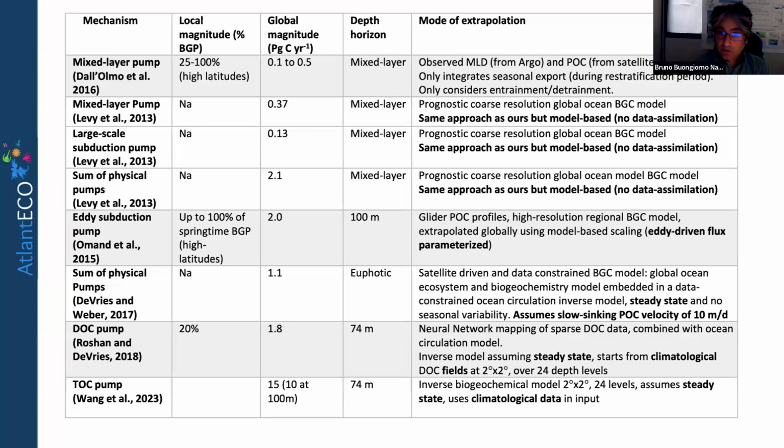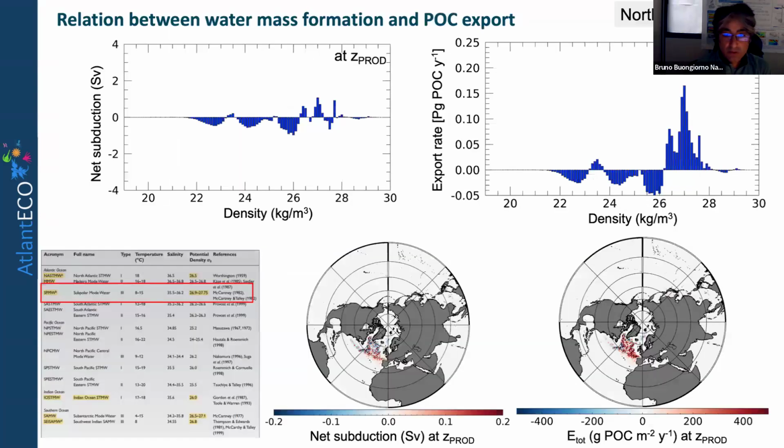But the true advantage of our work is that we could provide time series of the export, so we can analyze interannual variations and also what is driving the export in the different regions. So we clearly related the export of POC in the North Atlantic, for example, to the formation of subpolar mode waters. They occur in the same area.